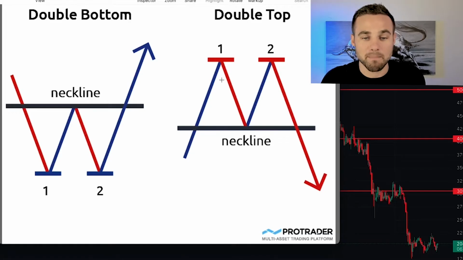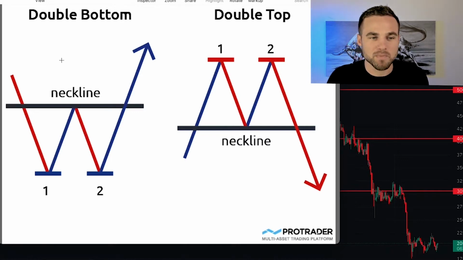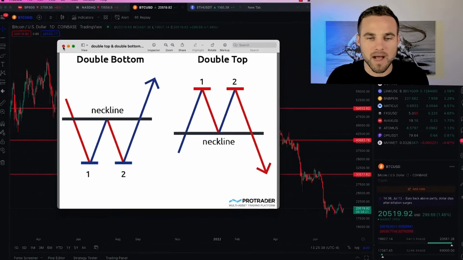This essentially means that buyers tried to get here and they got rejected from the sellers, right? And then they tried to buy up to here again, the exact same point, and they got rejected. And once you break the neckline, then this is where you want to start to look to enter a trade. This is a really classic, easy to spot pattern, double tops and double bottoms.